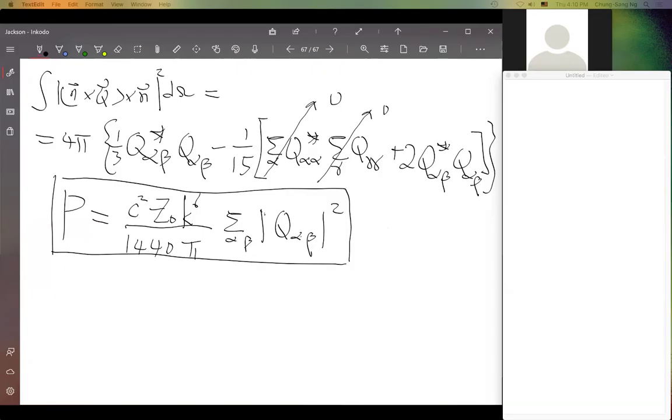All right, so we now treat a special situation that will give you more geometrical understanding of the differential radiation power. Just like the electric dipole power, we remember that you have this sine squared theta distribution, right? So you remember that correctly.